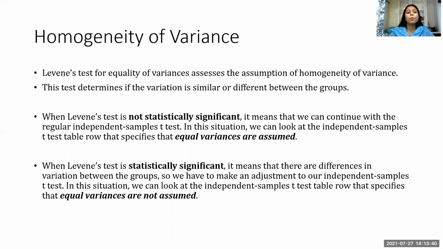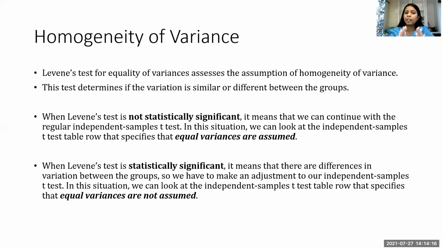So now, when Levene's test is not statistically significant, how will we say that it is not statistically significant? We will say this when my p-value is greater than 0.05. So when the p-value for Levene's test is greater than 0.05, it means that we can continue with the regular independent sample t-test, and therefore we will look at the row where the value is equal variances assumed.